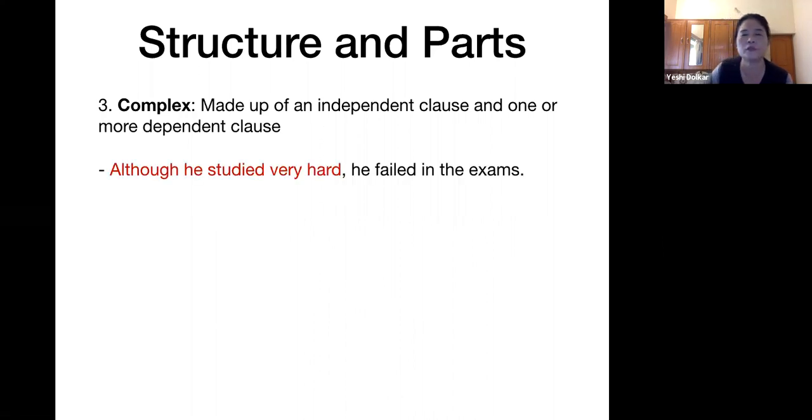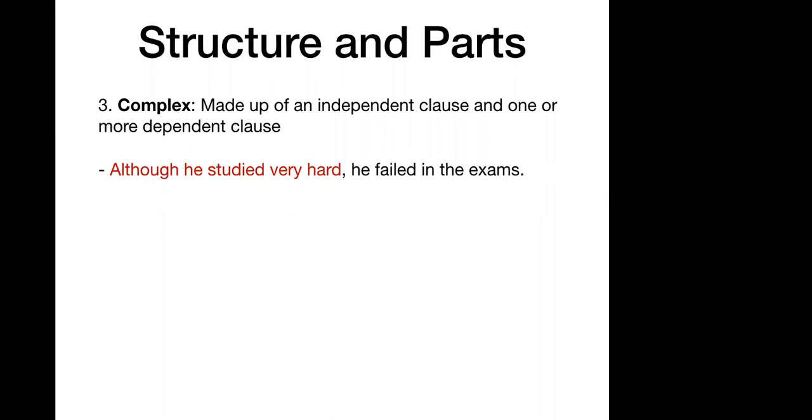Okay, here, look at this. Although he studied very hard, he failed in the exams. Although he studied very hard, that is a clause. He failed in the exams, that is a clause. Both are clauses, with subject and verb.